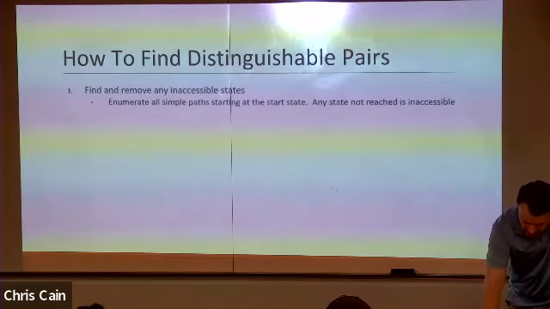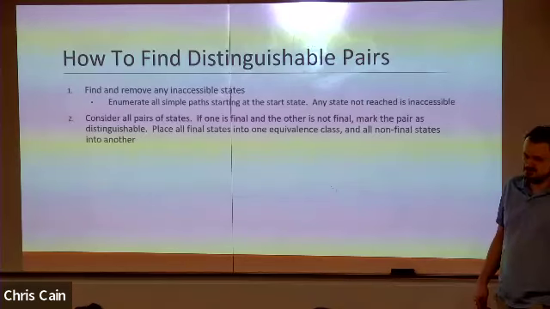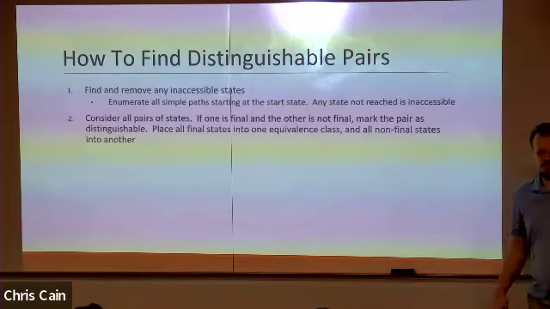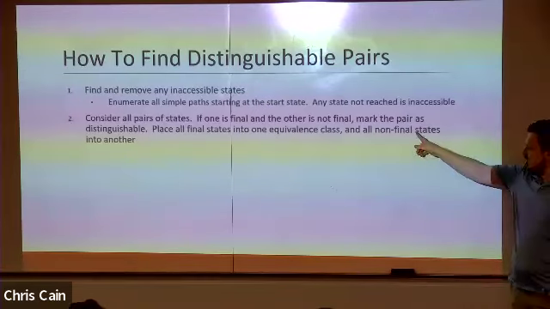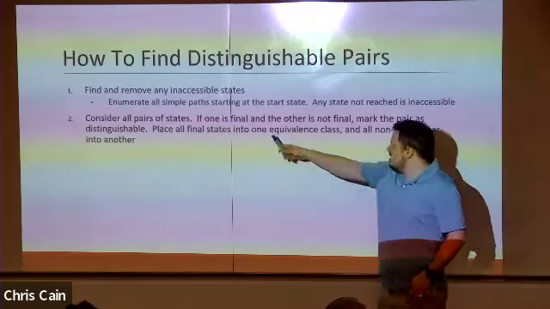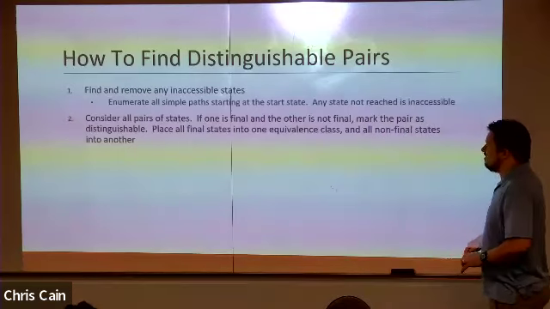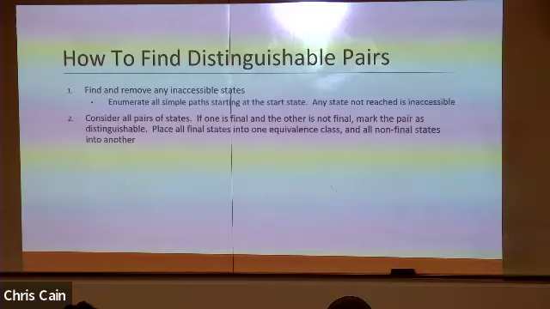All right. Then we're going to start considering pairs of states. We're going to loop through and take all pairs of states. If that state is final and the other state is non-final, we know that the pair is distinguishable.